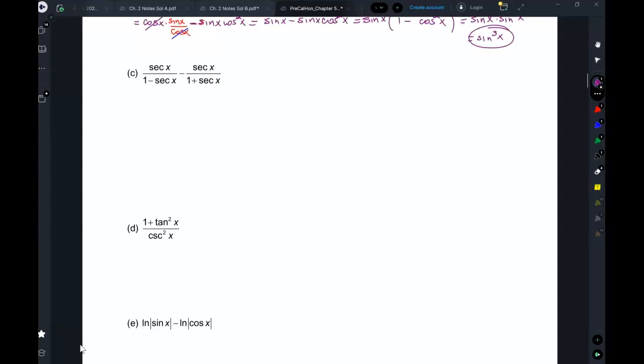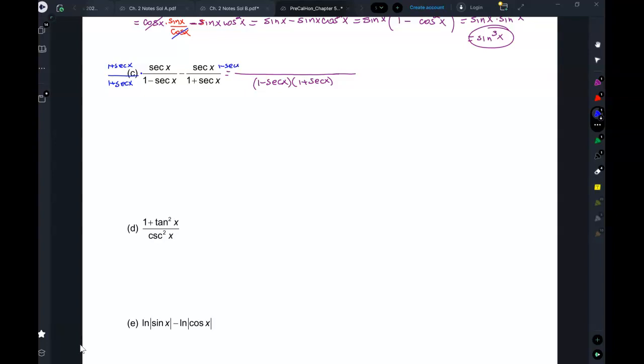The common denominator here is going to be 1 minus secant x times 1 plus secant x. So we multiply the first fraction by 1 plus secant x, top and bottom, and the other by 1 minus secant x, top and bottom.